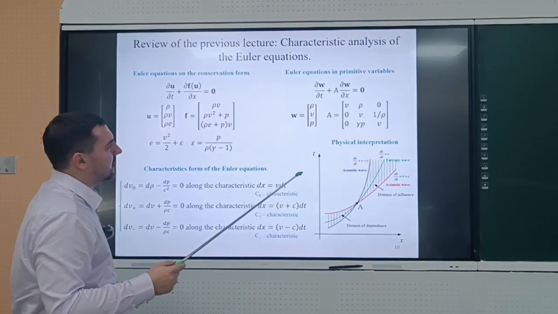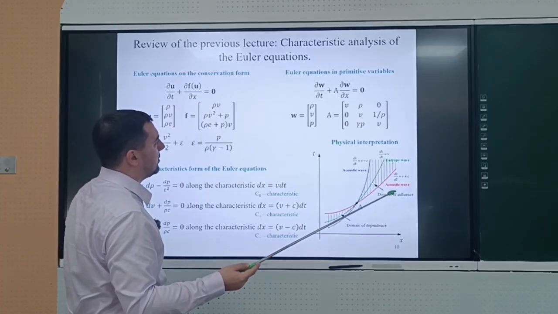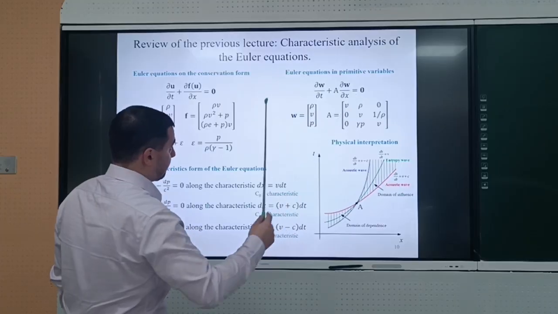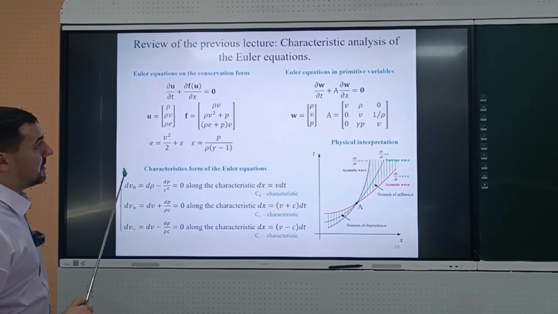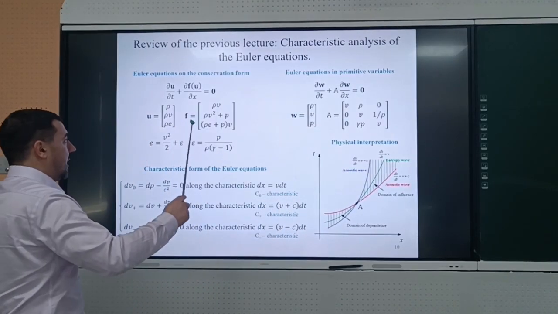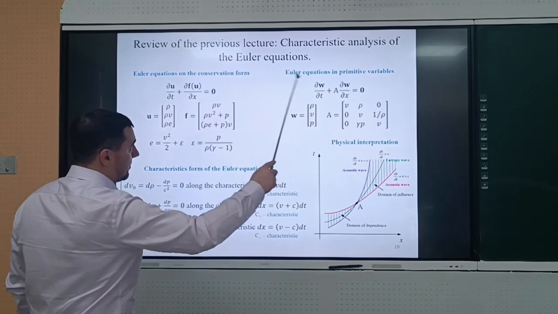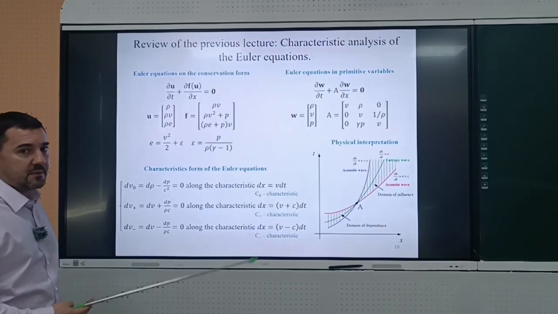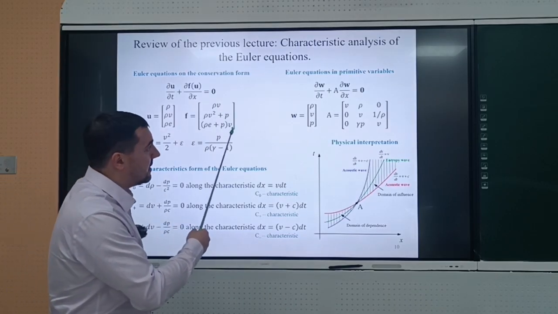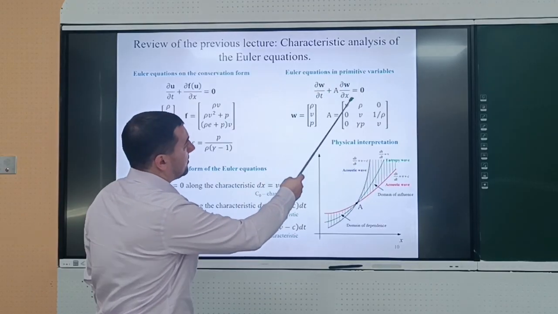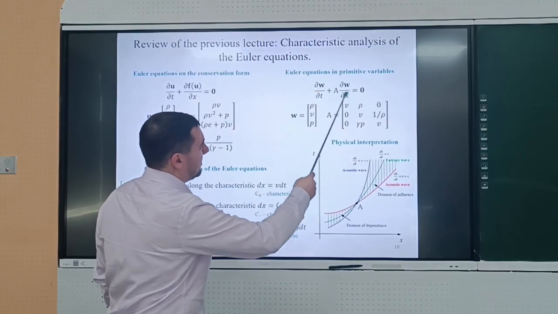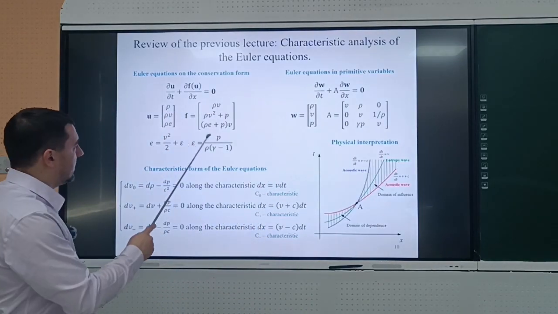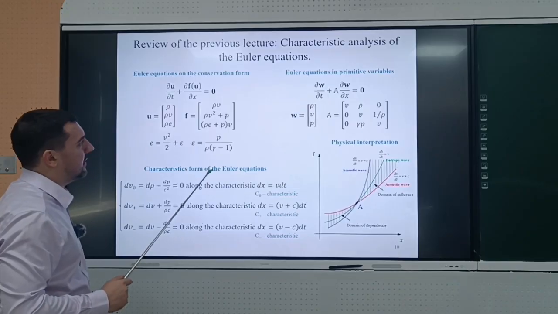In the previous lecture, I showed you how to get this form of the Euler equations in primitive variables. How can we transfer this one to this one? This form is more suitable for theoretical analysis because it's much simpler in comparison with this one. The structure of the Jacobian matrix is simple, with a lot of zeros here. It is written, as well as here, for the ideal gas equation of state.